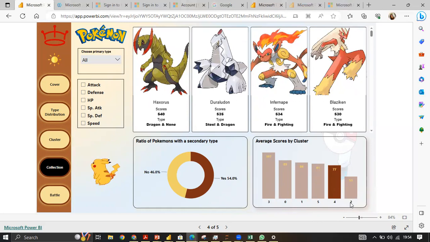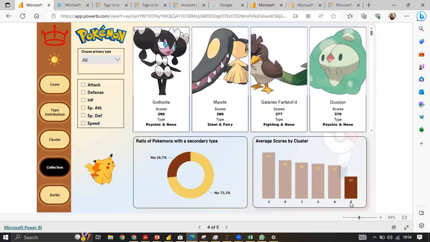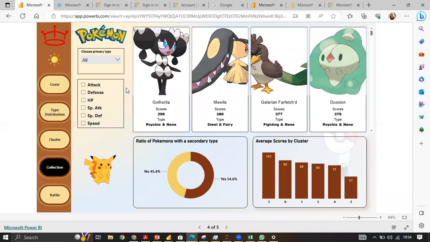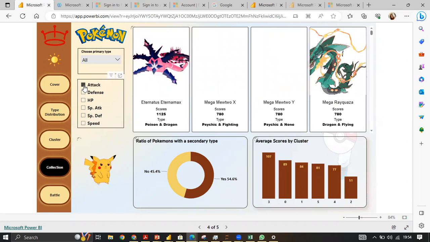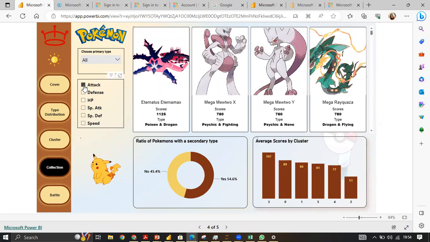So everything dropped drastically when it got to Pokemons in cluster 2. And I can also filter on attack to get the Pokemon that are best in attack in my collection. It's still loading up.